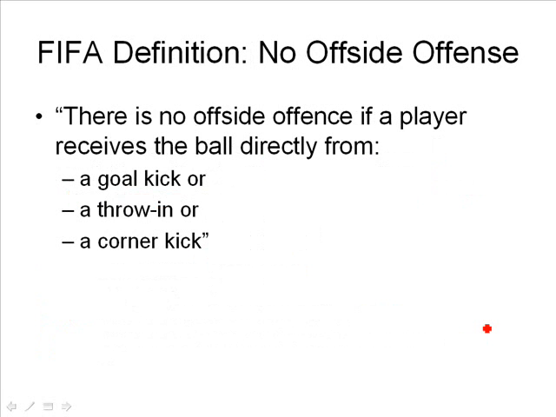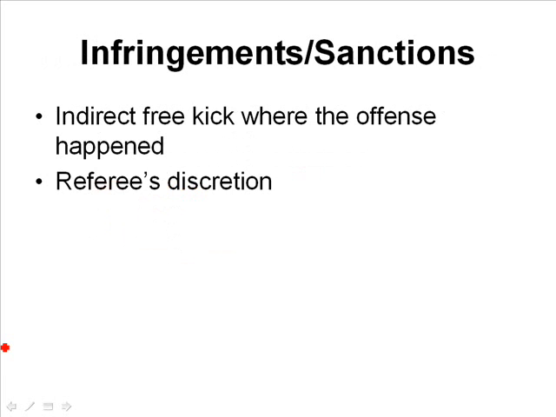There are also three exceptions to the rule when offside offense will not be called, and that includes directly receiving the ball on a goal kick, a throw-in, or a corner kick. An infringement or sanction is the penalty that the referee enforces when he calls an offside offense, and it results in the indirect free kick where the offense occurred.